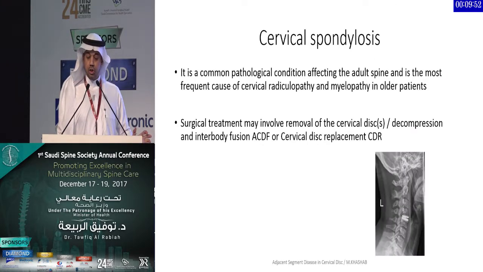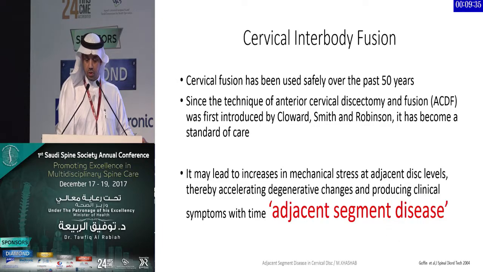So cervical spondylosis is a common problem. We deal with this problem on a daily basis in spine practice. If we choose to go from the front, we have two options, whether to do an ACDF or a disc replacement. The ACDF is our gold standard and has been running for more than 50 years.